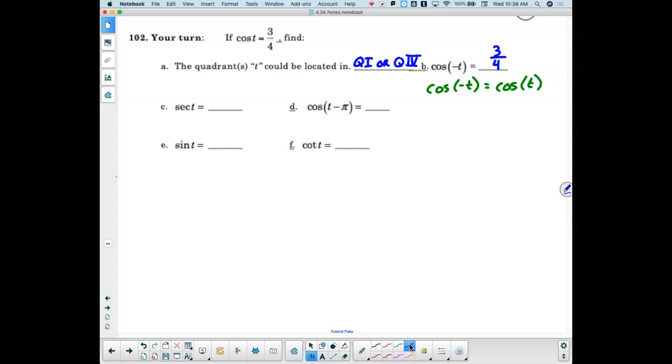Secant is what? In terms of sine and cosine, 1 over cosine, right? So since it's 1 over cosine, that is 1 over 3/4, which is 4/3.